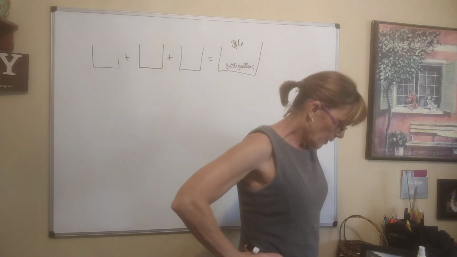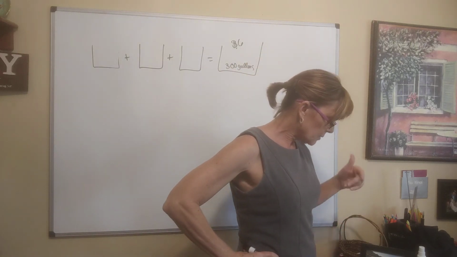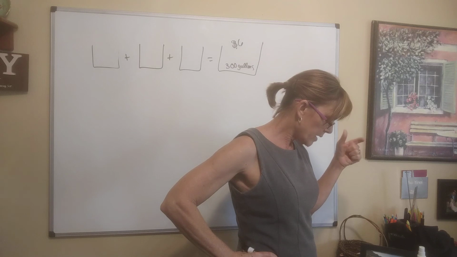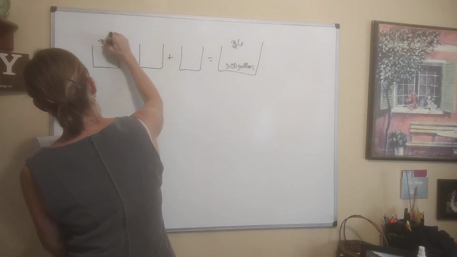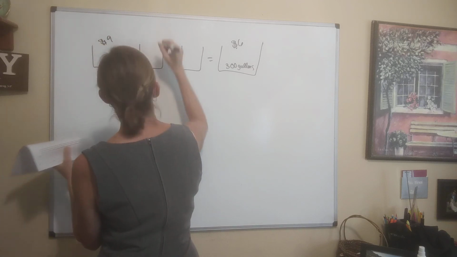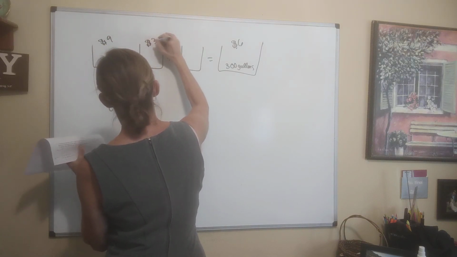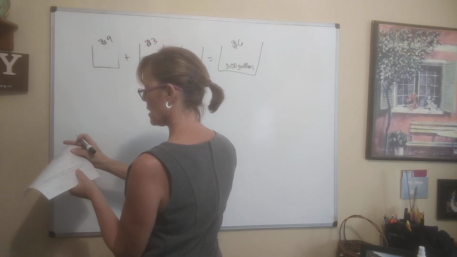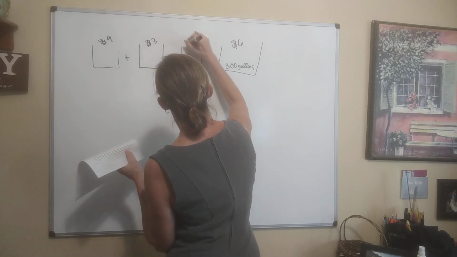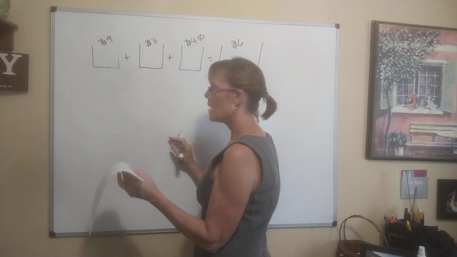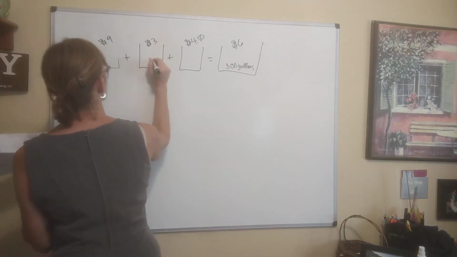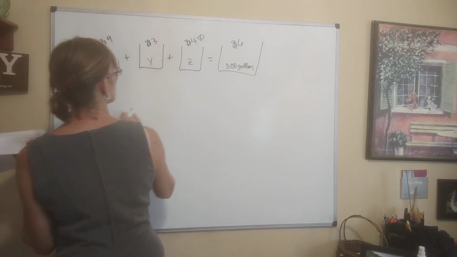Okay, so what happened along the way? It says she wishes to mix 3 grades. One sells for how much? One is $9 per gallon, expensive. One is $3 per gallon, cheap. And one is $4.50 per gallon. All right, so how much? I don't know. Put in your amounts.